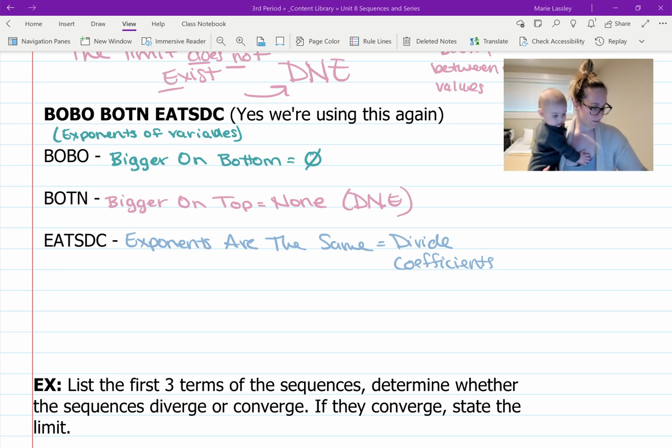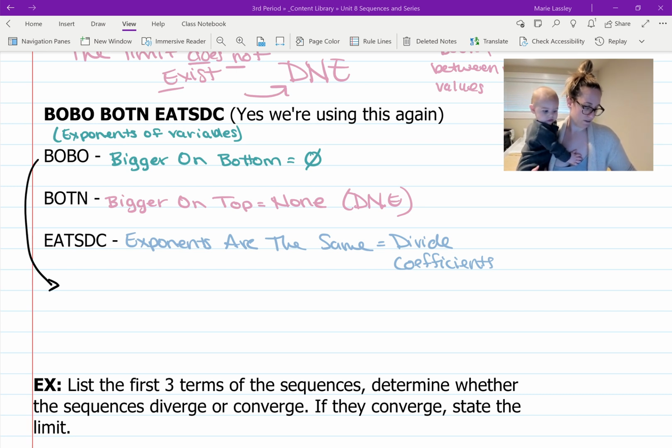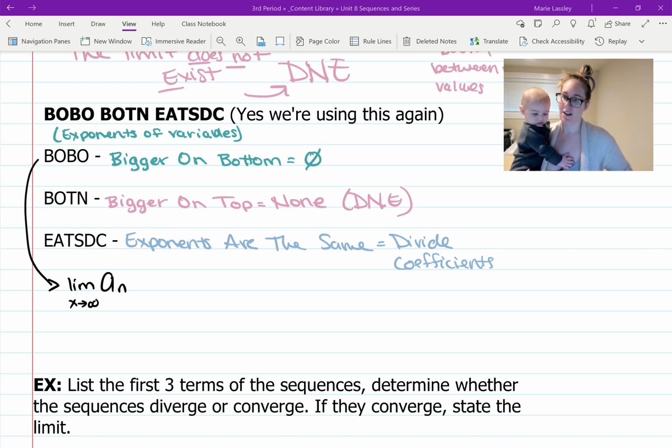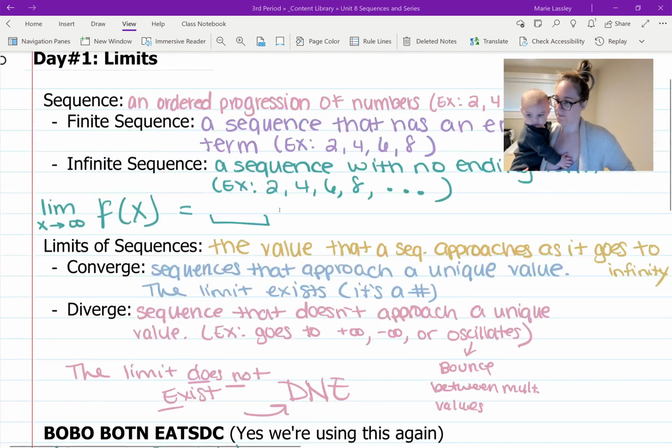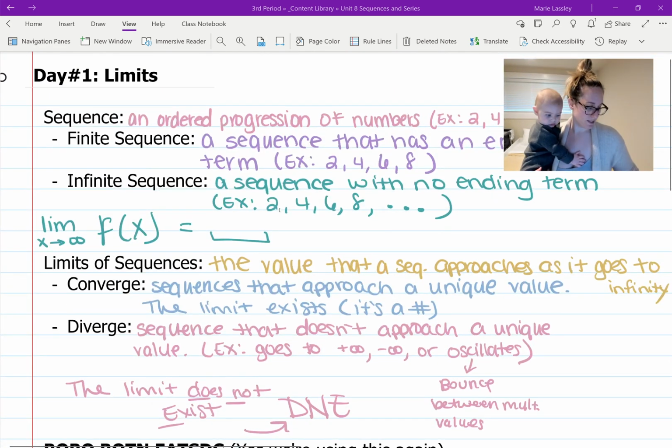So here is how you're going to see all of them written. For Bobo, you would say the limit as x goes to infinity of a sub n. I didn't say this before, I probably should have: a sub n is your symbol for your sequence. So let's backtrack a little bit. Sequences: a sub n equals, and then you put your sequence right here.